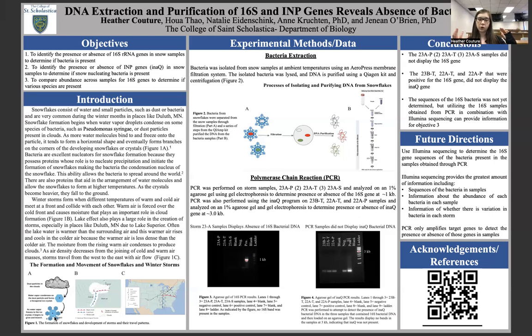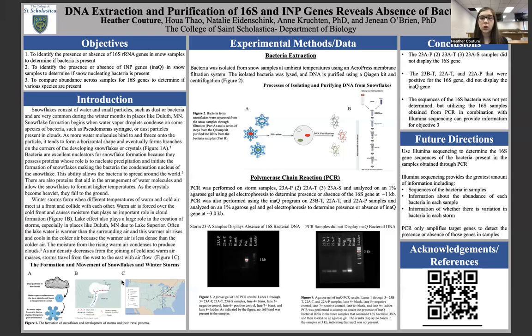And once the warm and cold fronts meet, moisture is caused from the rising warm air, and this can help produce clouds. And then the snowflake formation helps aid in the winter storms. And as this occurs, as shown in figure B and C, storms tend to move west to east.